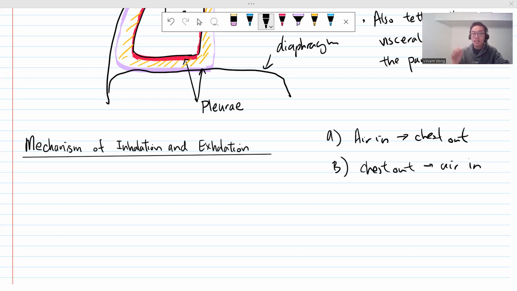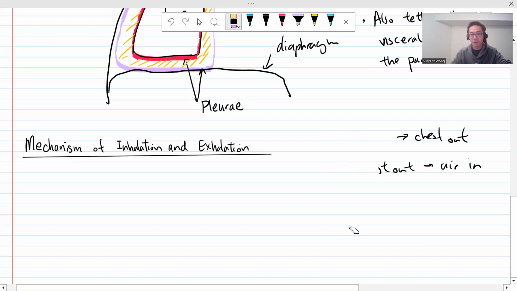The chest needs to create the conditions that would allow breathing to occur. So let me write that down for you.